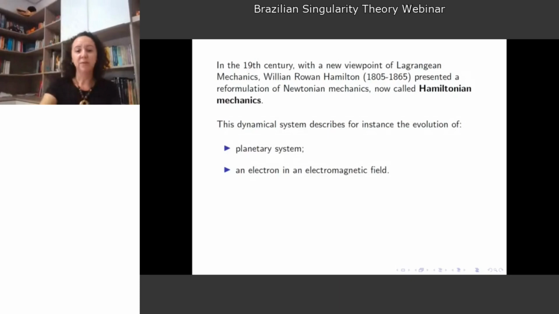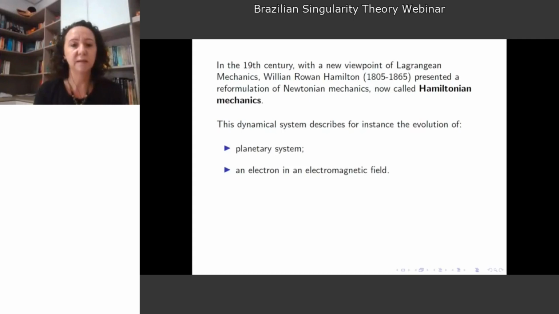Hamiltonian systems are a classical object of study, especially in physics. Hamilton gave a reformulation of Newtonian mechanics, and this new reformulation was called Hamiltonian mechanics.